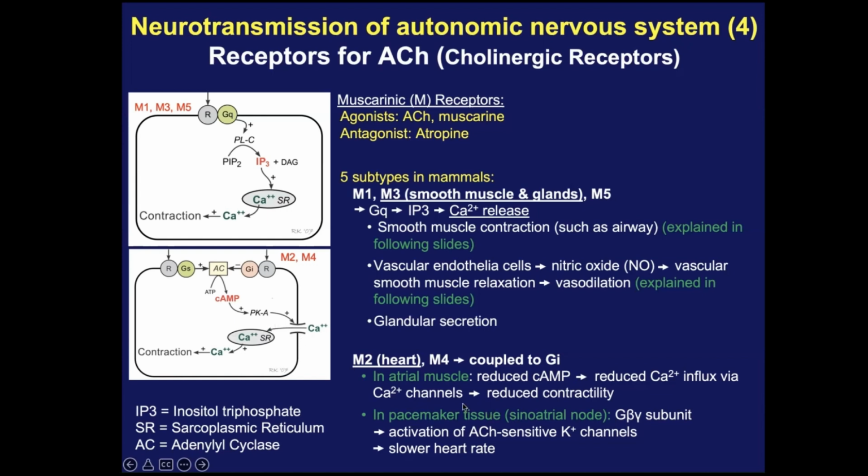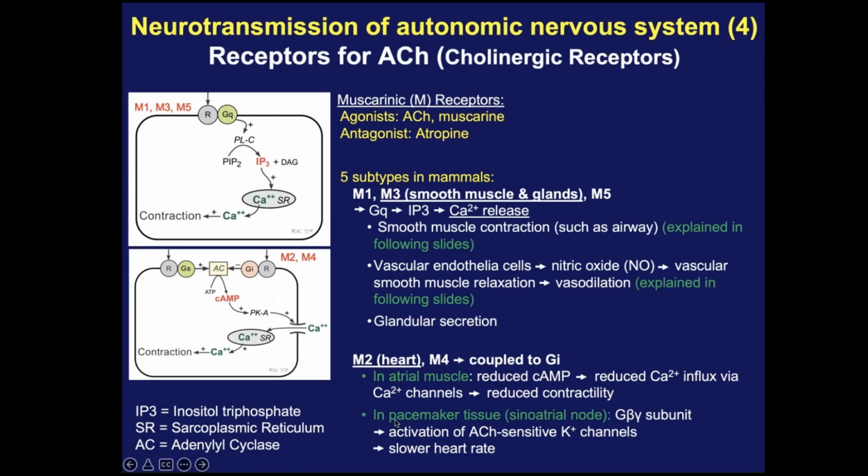In the heart, in the cardiac atrial cell, when the M2 receptor is activated, it will activate the Gi protein, and the Gi will inhibit this pathway. Therefore, the calcium influx through the calcium channels will be reduced, causing reduced contractility of the atrial muscle tissues.